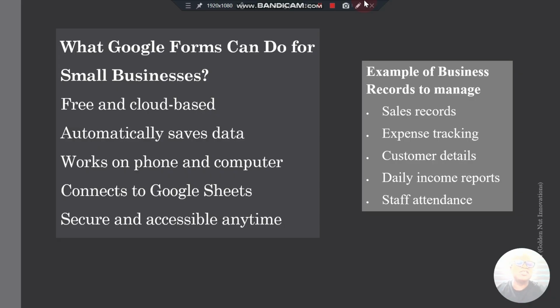Examples of some of the things we can use Google Form to manage in our daily business activity include sales record and our expenses record. We can use it to track the variations of our expenses day in, day out. We can also use it to keep our customer details. We can use it to manage daily income reports as well as staff attendance.